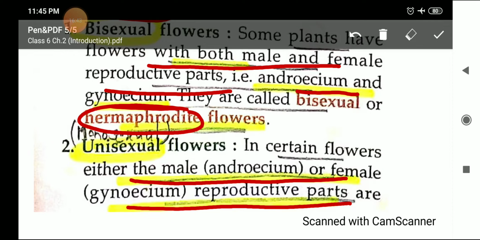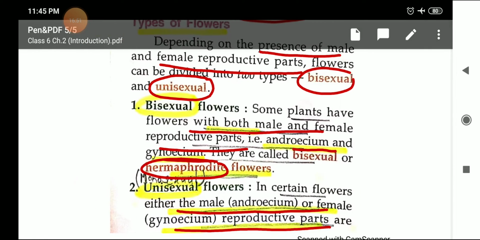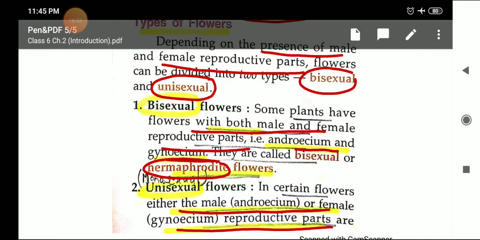So that is a unisexual or monosexual flower. So the two types of flower on the basis of the presence of male and female reproductive parts, that is bisexual or hermaphrodite flower in which both male and female parts are present. Unisexual or monosexual flower in which either the male, that is androecium, or female, that is gynoecium, is present.